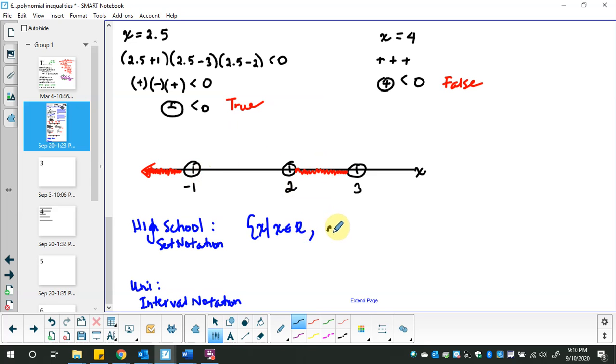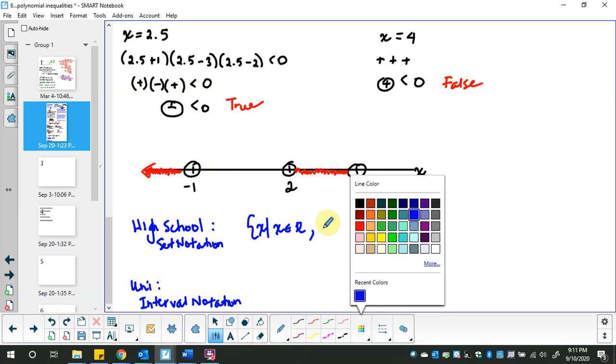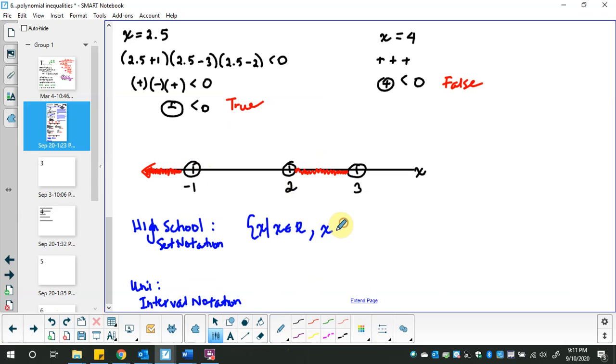You can say that x is less than -1, so that's the space out here, or x is less than 3 and at the same time greater than, reading backwards, 2. And that is your high school set notation.